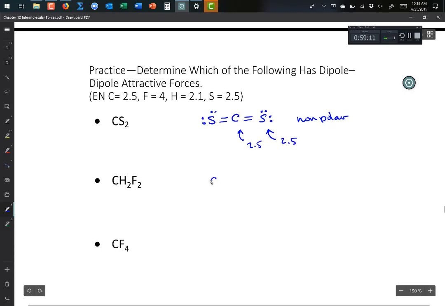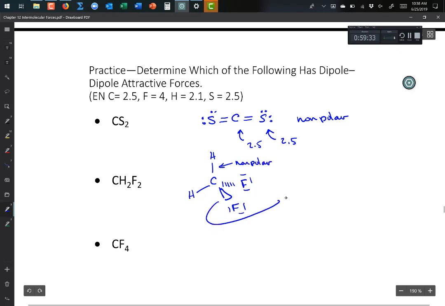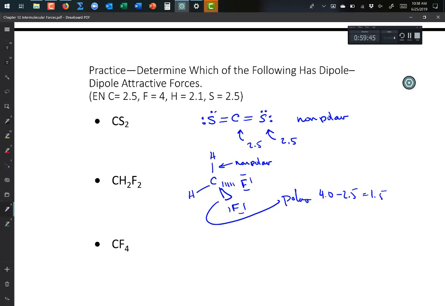Okay, let's do CH2F2. If you do the Lewis structure for CH2F2, it's going to look like this. It's actually tetrahedral. Now, the carbon-hydrogen bond, I'll just tell you up front, is nonpolar. The difference is 0.4, but the carbon-fluorine bond is polar, because it's 4.0 minus 2.5, so that's 1.5. And remember, between 0.4 and 2, that's polar.